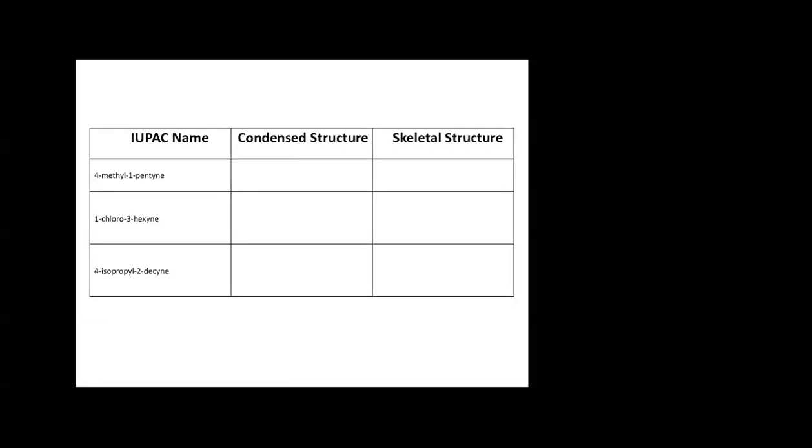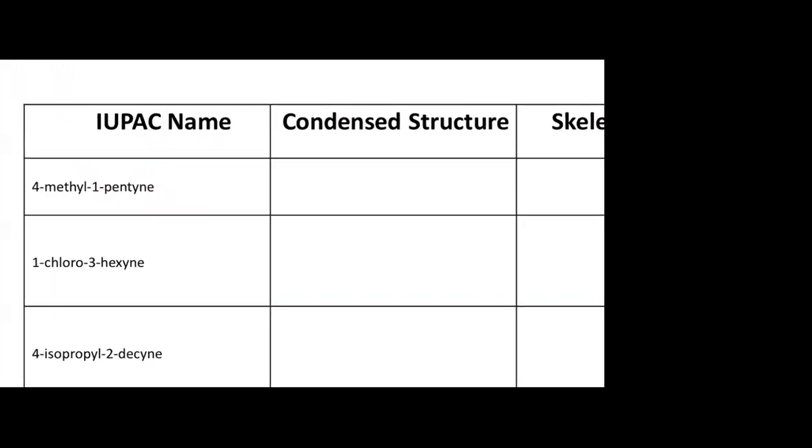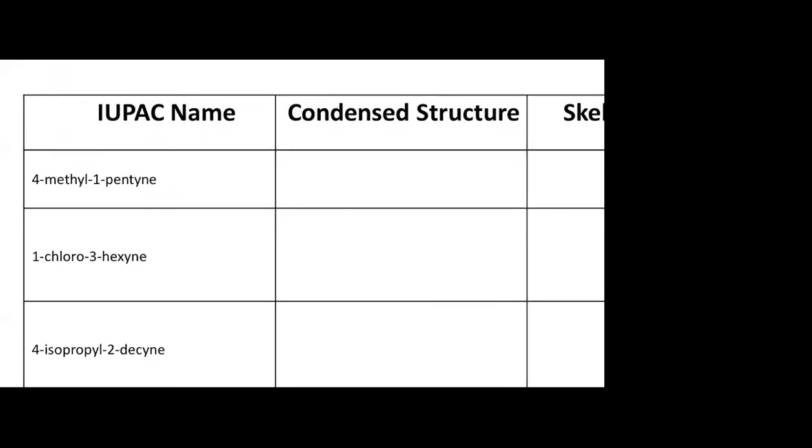How do I draw the condensed and the skeletal structure for an alkyne? Similar to what we've done before, you guys, this is not going to change much. We need to always start with the last word, which is the parent chain. So when it comes to the parent chain, let's look at the first one, 4-methyl-1-pentyne.